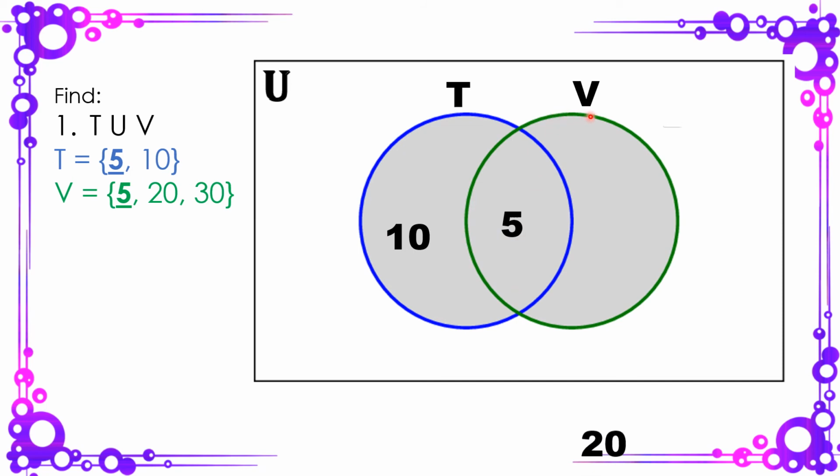So for V, we have here 20 and then 30. So this illustrates the Venn diagram for T union V.